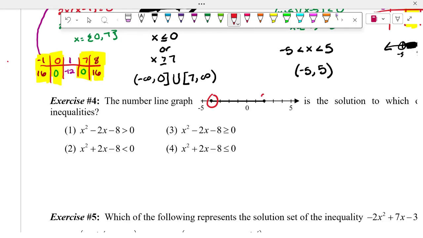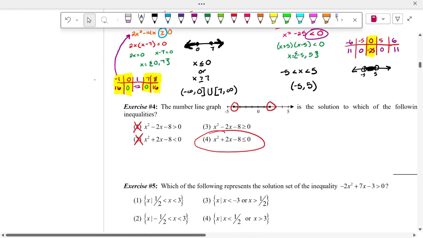Yes, because what's true right here? They're closed circles, so that eliminates 1 and 2. Now, it's between the two numbers. So should that typically be a greater than or a less than? Less than, so that's 4. We don't even have to solve that.